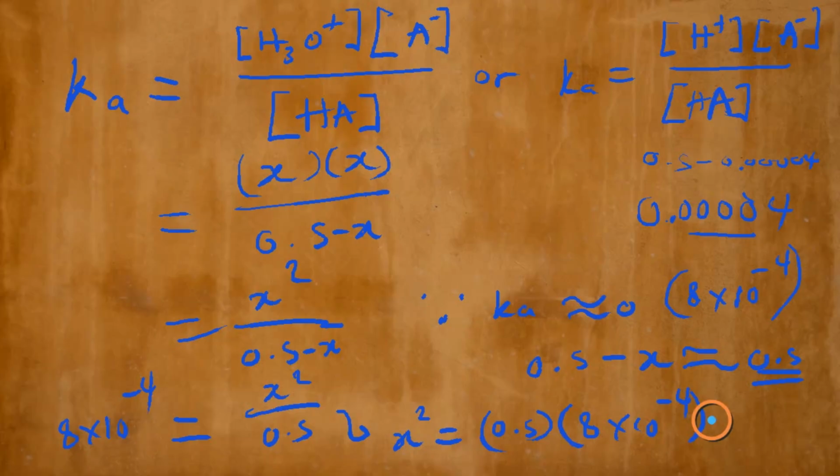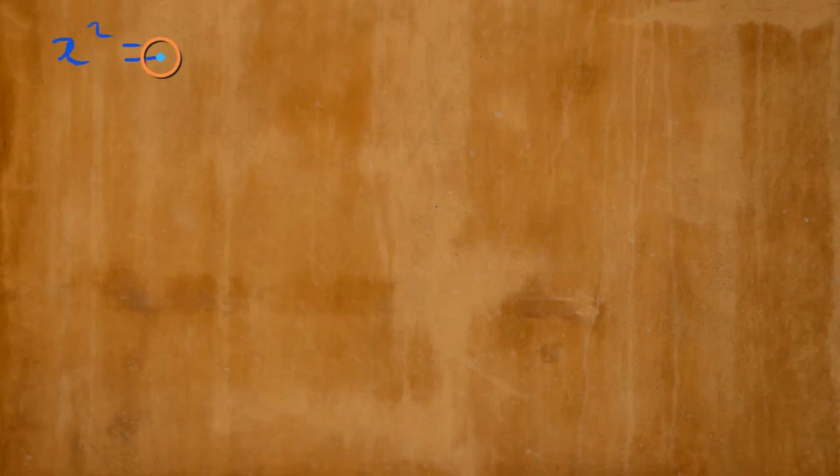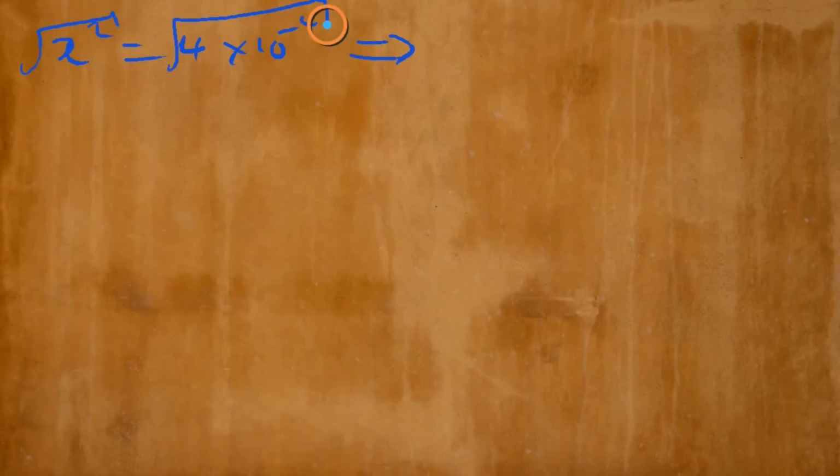Of course, once you work out this side of the equation, you'll find that the answer for X squared is simply 4 times 10 to the -4. So we have X squared equals 4 times 10 to the -4, and you take the square root of the left-hand side and the right-hand side.